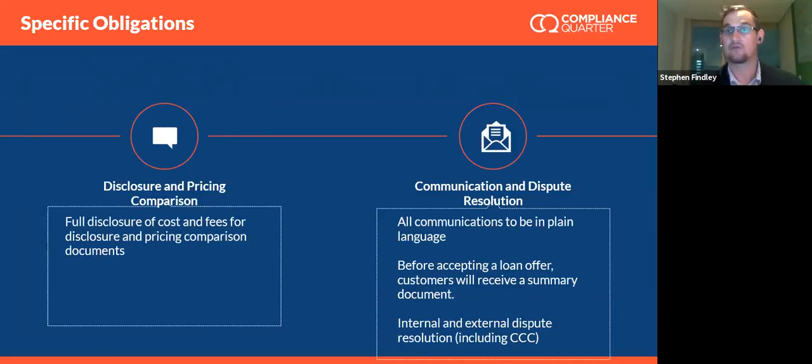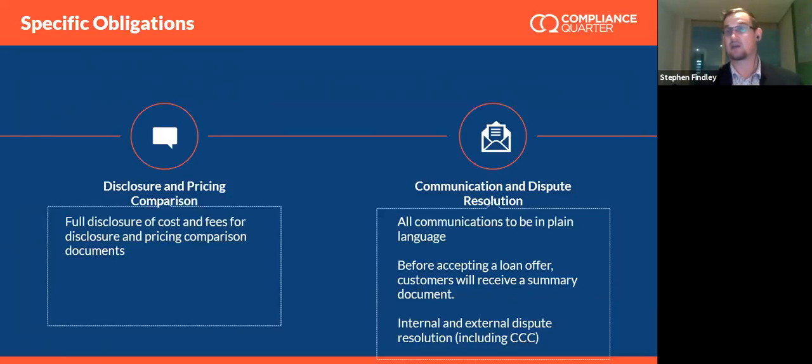There's also a requirement in the lending code for internal and external dispute resolution mechanisms. So the fintech lender needs to themselves have an internal dispute resolution process, but they're also subject to an external process.